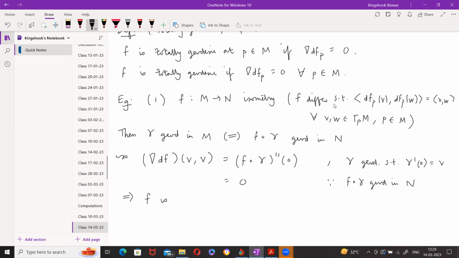Its second fundamental form vanishes identically. So any isometry is totally geodesic.